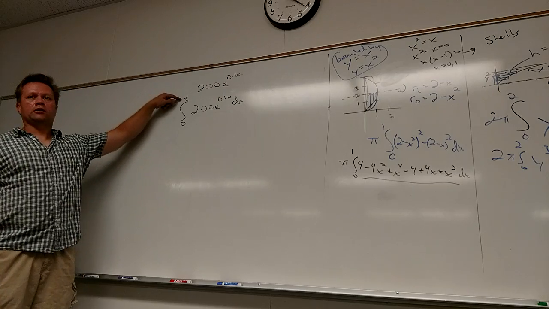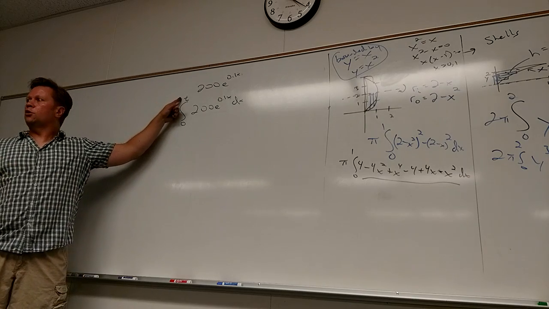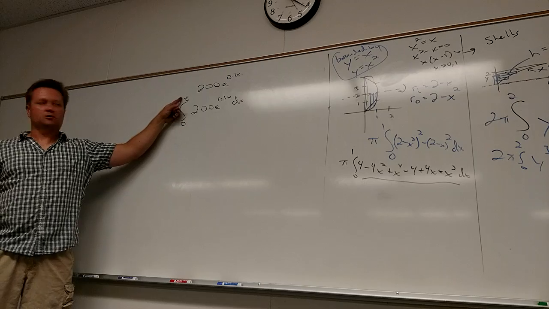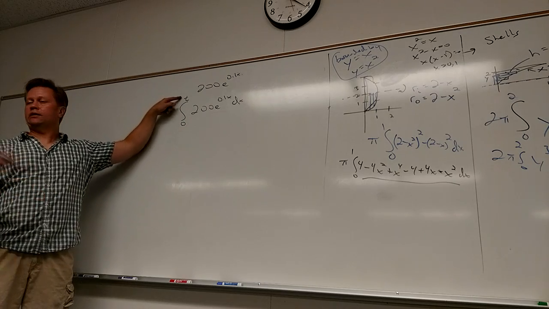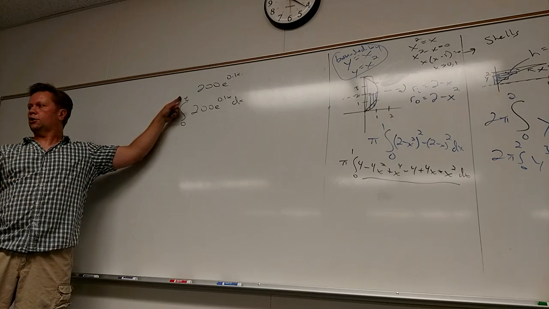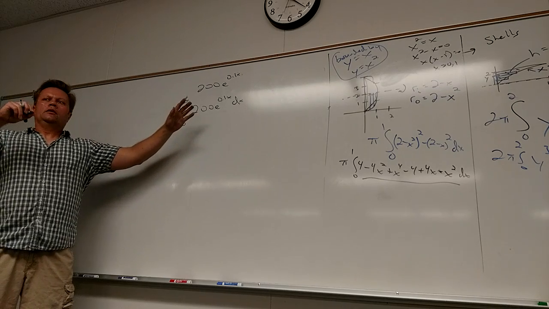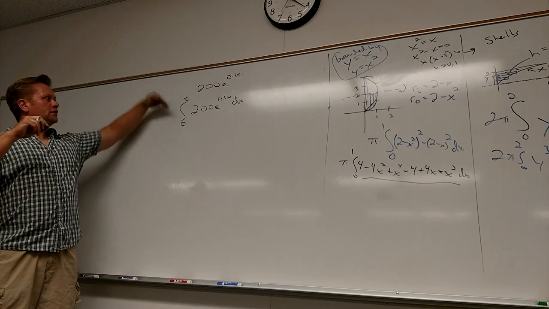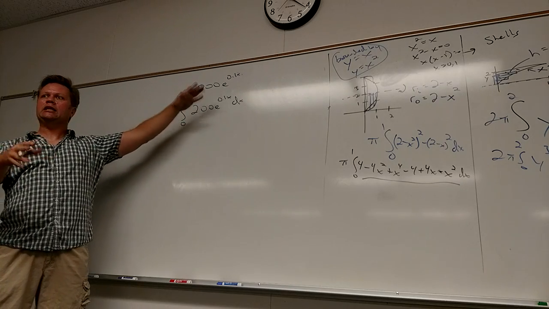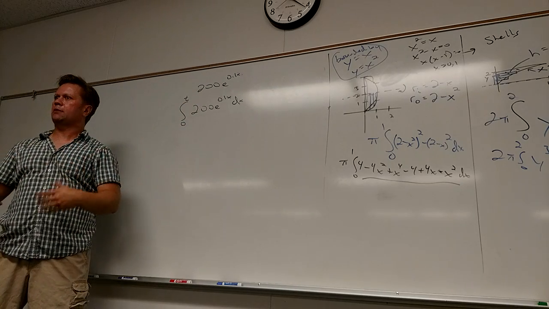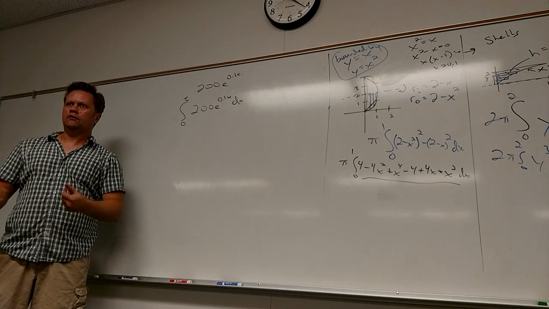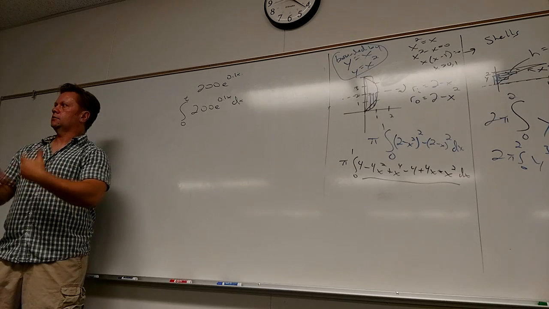If t is 0, that means no time has gone by. I should have saved no money yet, right? So sure enough, a 0 to 0 integral of anything is 0. You've got no area if you don't have any width. All right. But if I integrate this up to just t, I'm going to end up with an expression that represents how much money if somebody tells me how much time has gone by. T will be my answer.